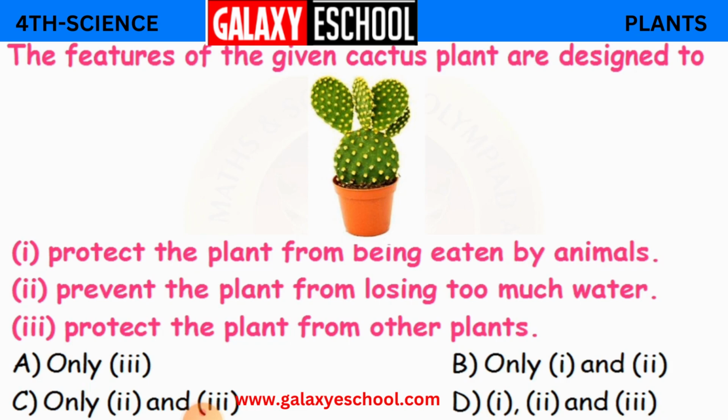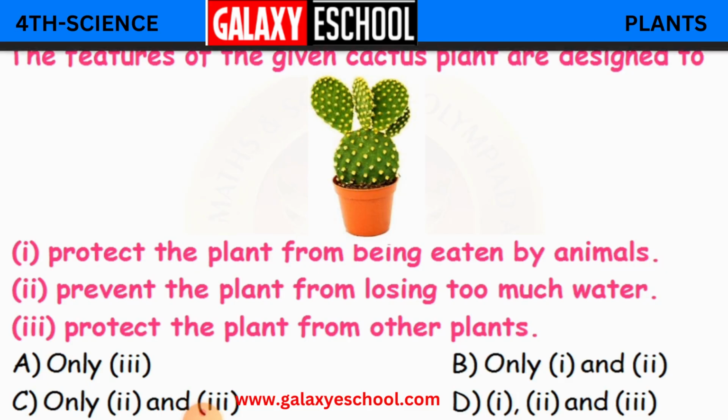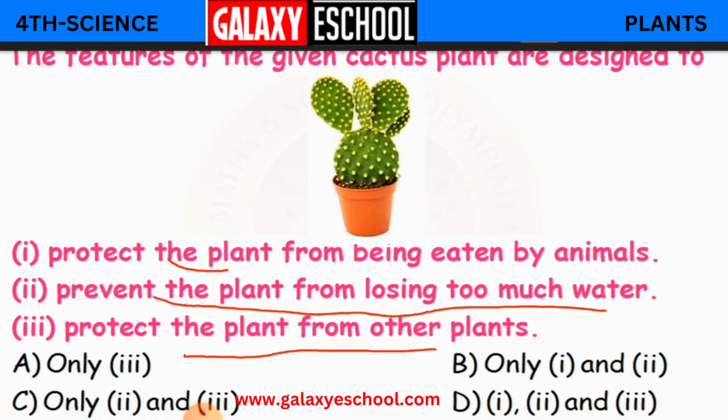What are the features here, children? They have got all spines, thorny, we call it a cactus. We cannot touch it. So why is this feature for this plant?